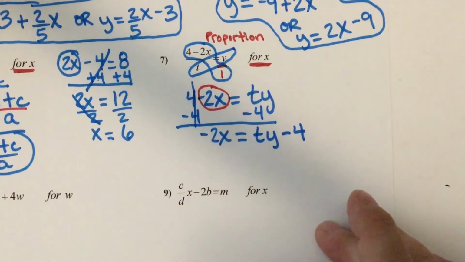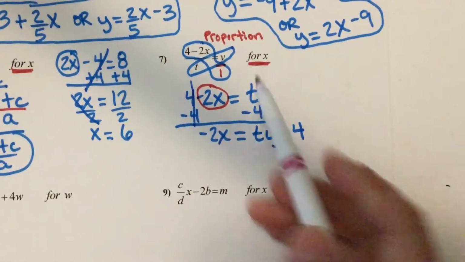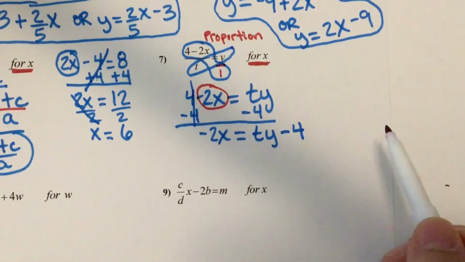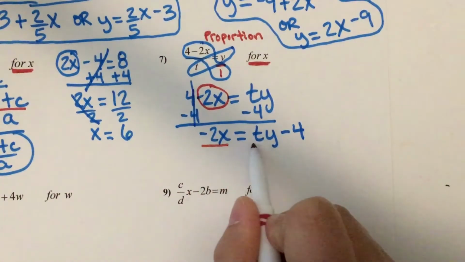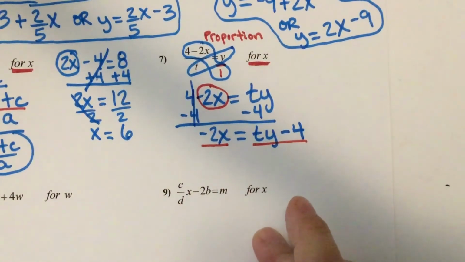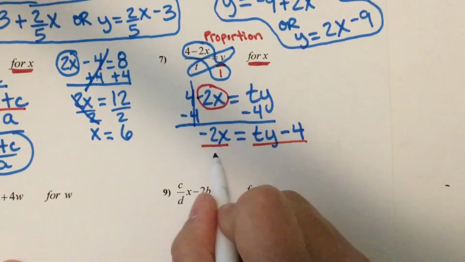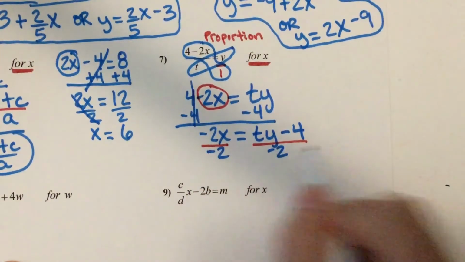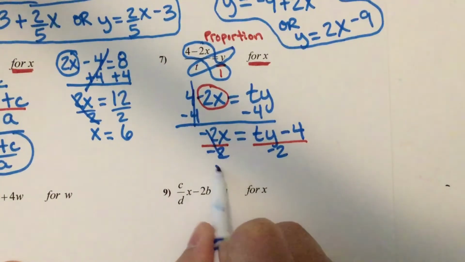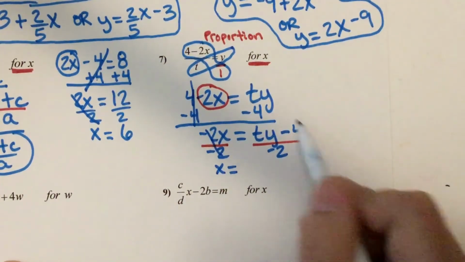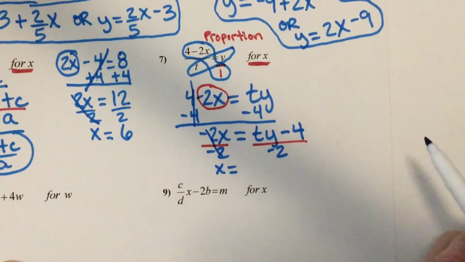Okay, now to get x by itself, how do you think we'll get rid of the negative 2? We'll divide. This is smush, this is multiplication. So we're going to divide both sides by negative 2. So negative 2 divided by negative 2 is 1. So all I'm left with is x. Now on this side, these are both divided by negative 2.